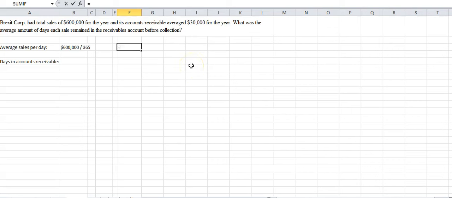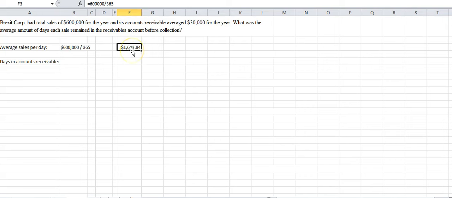So what's 600,000 divided by 365? Let's do that over here. 600,000 divided by 365 is 1,643.84. That's how much you sell on a daily basis. So the days in accounts receivable. So how many days this spends in accounts receivable?